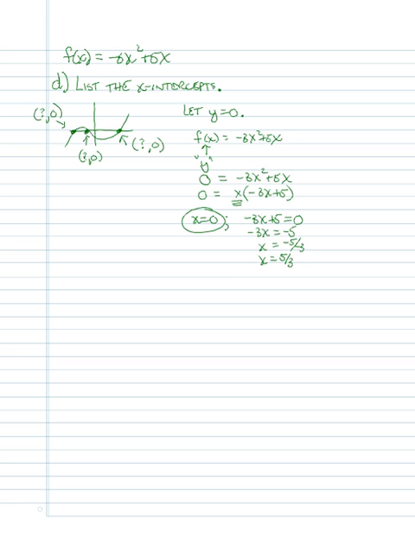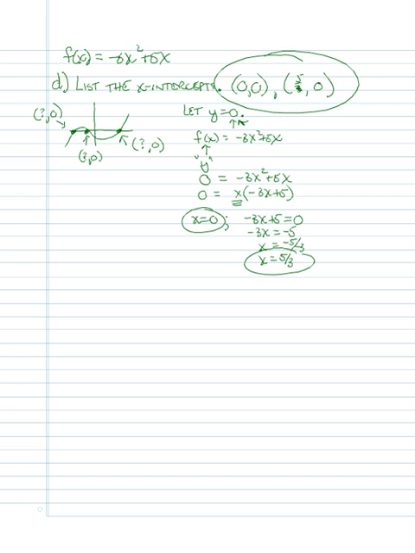We'll leave it exact, just as I have. So those are the two x values. If I'm listing the x-intercepts, one of them has an x value of 0, and of course it has a y value of 0. The next one has an x value of 5/3, but of course an x-intercept always has a y value of 0. So those are the two x-intercepts.